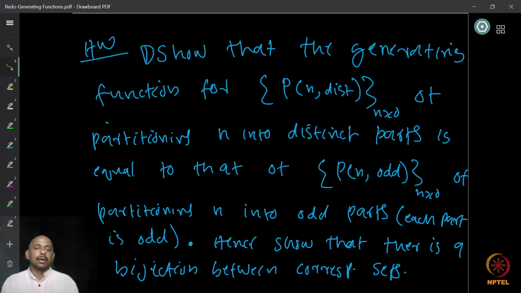And these two are identical. So this is what you want to show. The generator functions are the same. And using this, show that there is a bijection between the corresponding sets. Of course, that comes immediately. So we need to show that the generative functions for these two are the same.